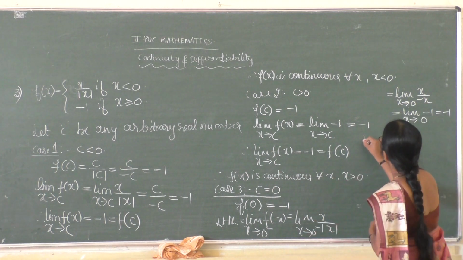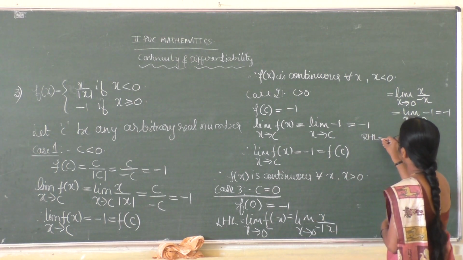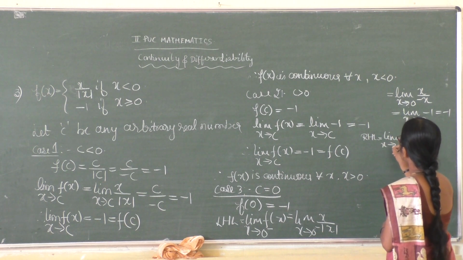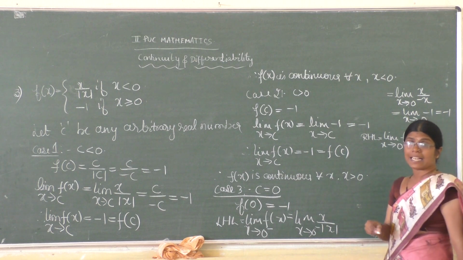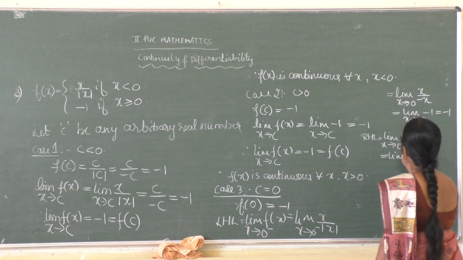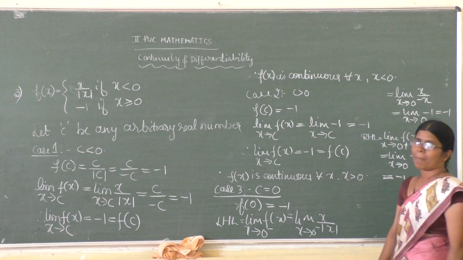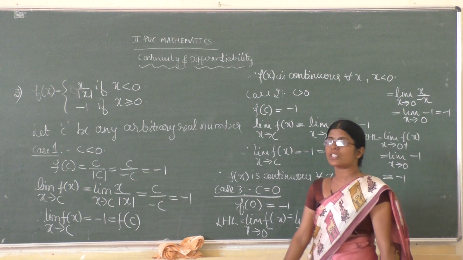The right hand limit equals the limit of f of x as x tends to 0 from the right side, and that is the limit of minus 1 as x tends to 0, equal to minus 1, because it is a constant function.